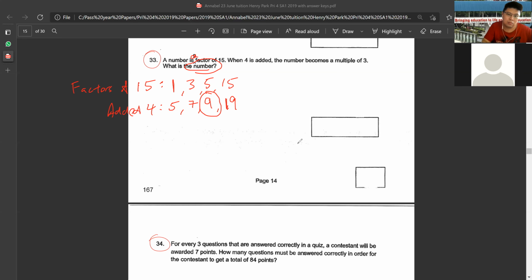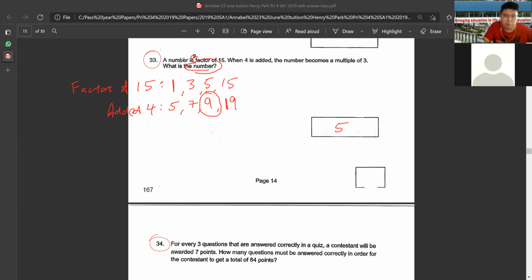Originally was 5. So you write 5 as the answer, because they ask what is the number.